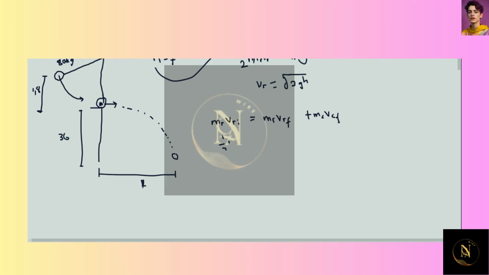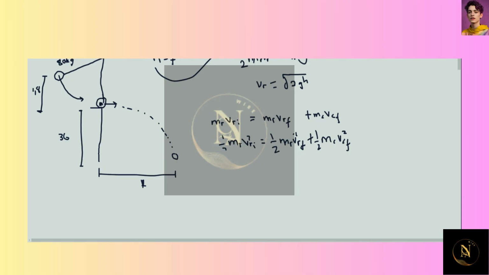So this is going to be half m rock v R i squared, equal to the kinetic energy after the collision, half m rock v R f squared plus half m of the cannonball v of the cannonball final squared. So now you have two equations that can help you solve for the velocities in terms of m, because you're given the mass is m.